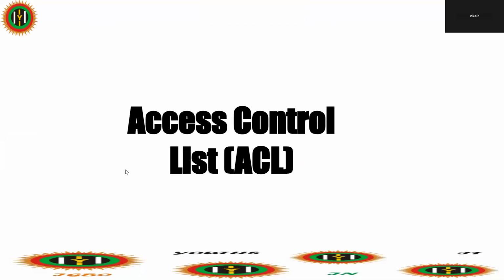Today, we are going to be looking at access control lists. We're going to look at this from two facets: the core networking side and the network security side, because they actually do the same thing.